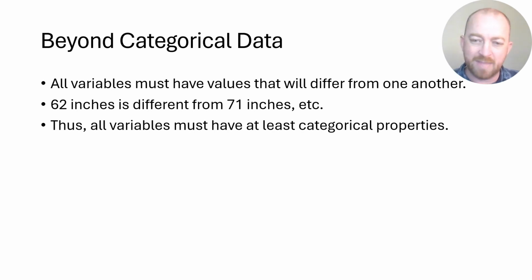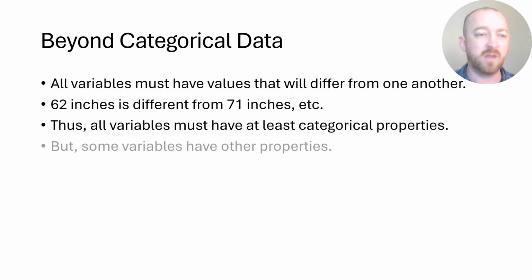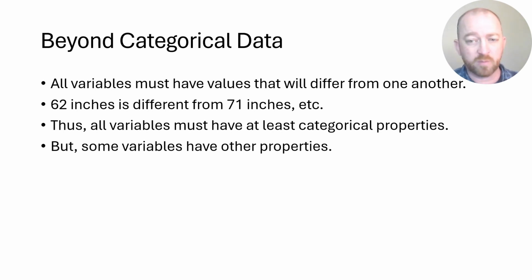Everybody measuring the same on everything is not interesting to researchers. And so we need to be able to have these values that distinguish among one another. Okay, so if all data do have inherently categorical properties at a bare minimum, some variables also have additional properties beyond that. So that's what I'll get into next.